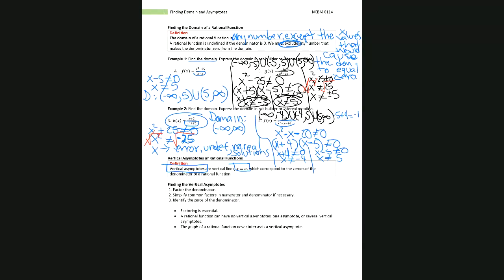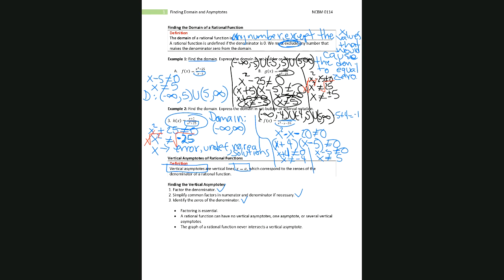So one way for us to find them, of course, is we take the denominator, in this case, you equal it to 0. You try to factor if possible. Then you simplify common factors, and then you identify the zeros of the denominator, all those x values that will cause the denominator to equal 0.